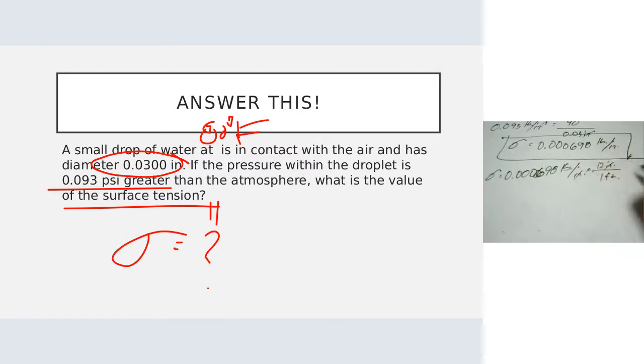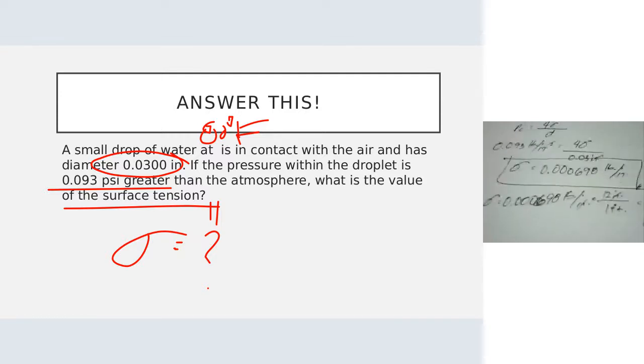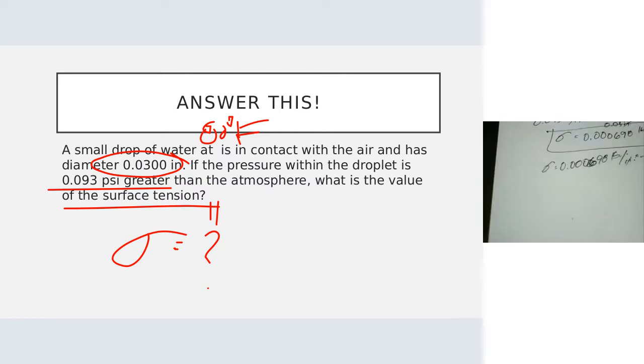The surface tension is 8.37 times 10 raised to negative 3 pound per foot. So I'll accept both answers. I guess the majority or all of you got it right. Very good class. So these are the answers.